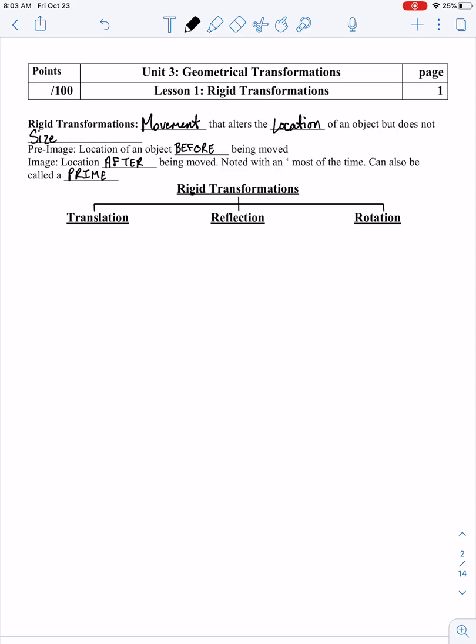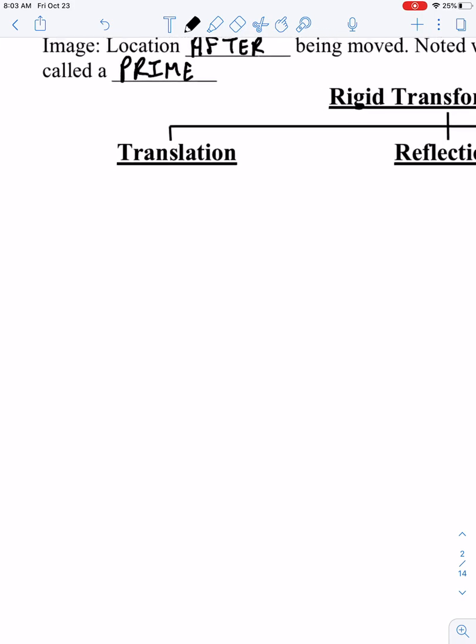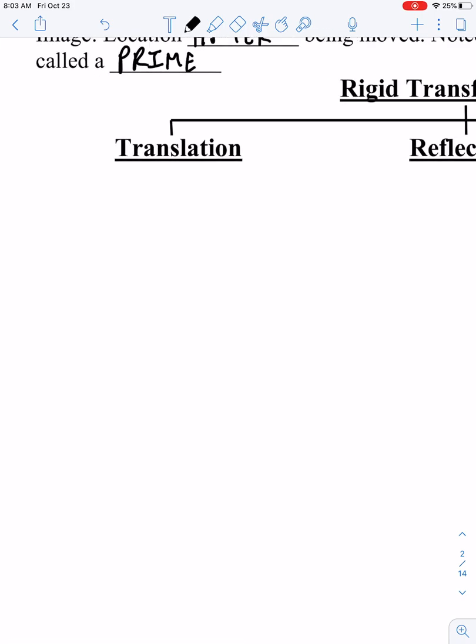All right, so the one we're going to look at today is probably the easiest, and it's translations. Okay, so translations are slides, shifts. These are the two main keywords that you'll see.